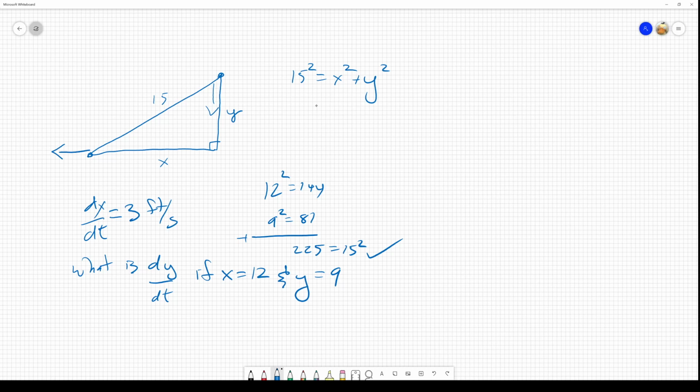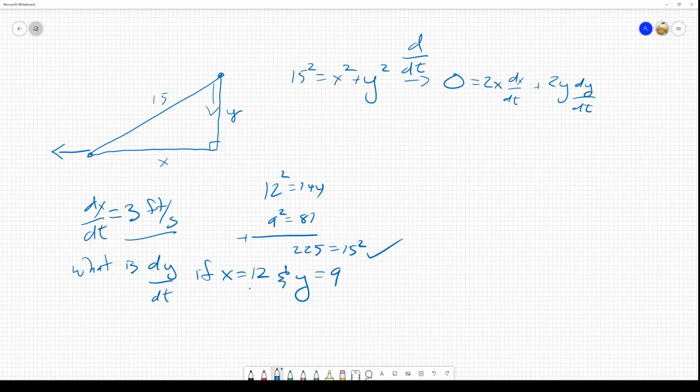So if I take the derivative of both sides of this, the derivative of 15 squared is 0. The derivative of x squared is 2x dx/dt, and the derivative of y squared is 2y dy/dt, because I'm taking the derivative with respect to time of a different variable than x or y. So now I can plug in the information I know.